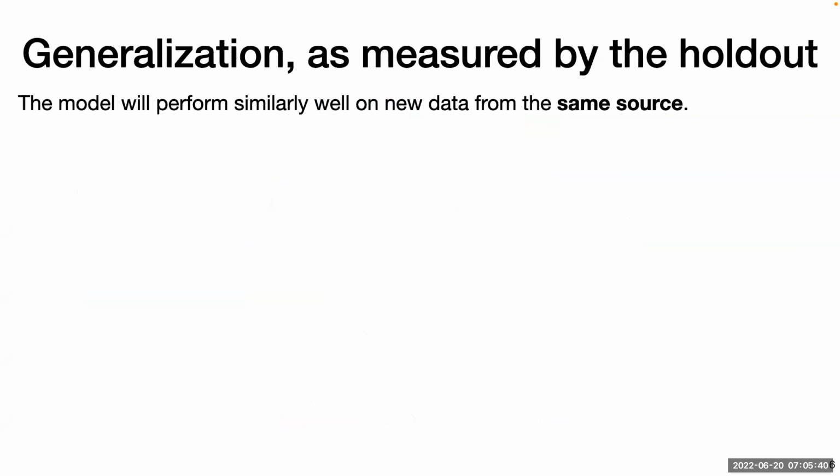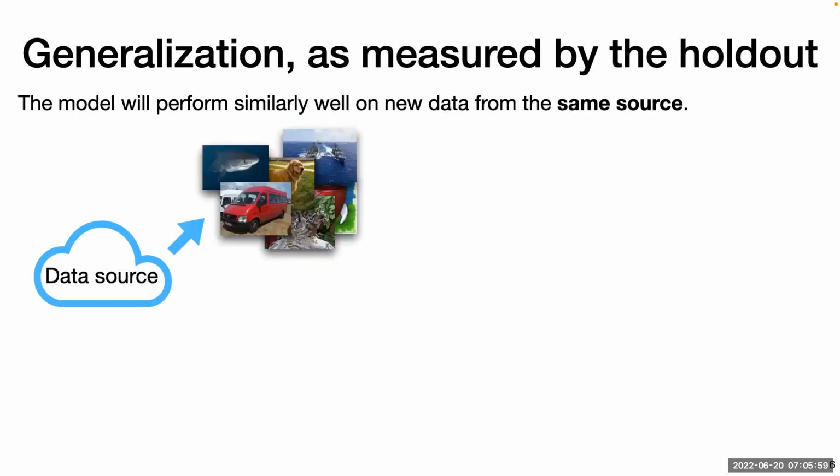And one nice way to illustrate this is with a thought experiment. So what we get out of this test set evaluation is that the model will perform similarly on new data from the same source. In the thought experiment, there is some idealized data source that we can draw samples from. So we do this the first time to build our test set. Then we feed those images into our model, and we get our 83% accuracy out. Okay, so far so good. And what does this guarantee now?